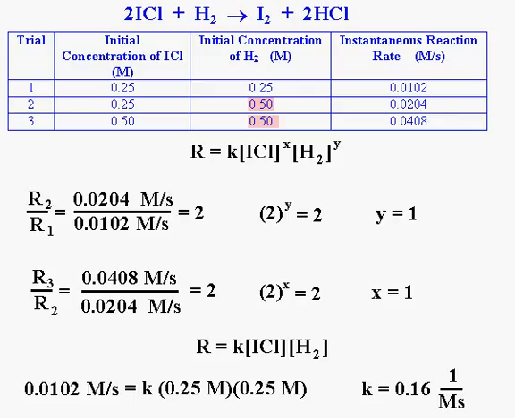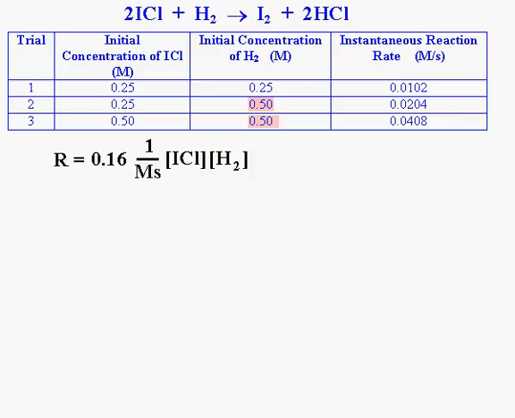Well, I've got molars per second, and I'm going to divide by 0.25 molars, and then 0.25 molars again. So the resulting unit is 1 over molar second. So in the end, I know the rate equation. The rate equation is K, 0.16, 1 over molar second, times the concentration of ICl raised to the first power, times the concentration of H2.